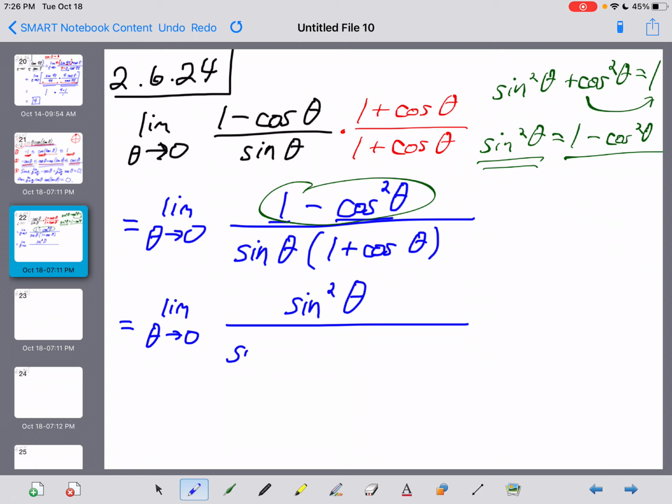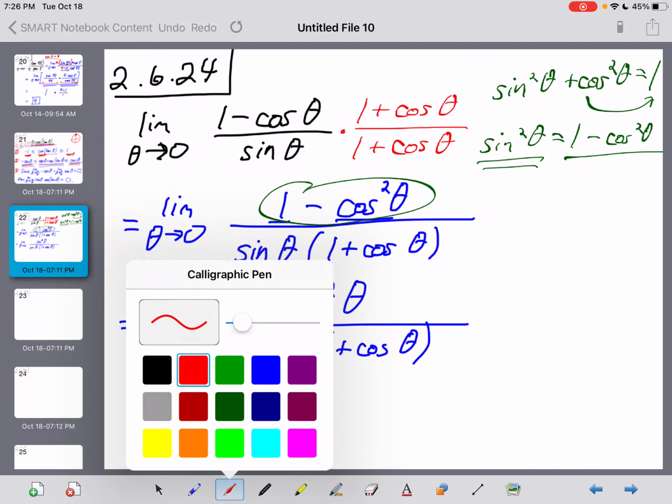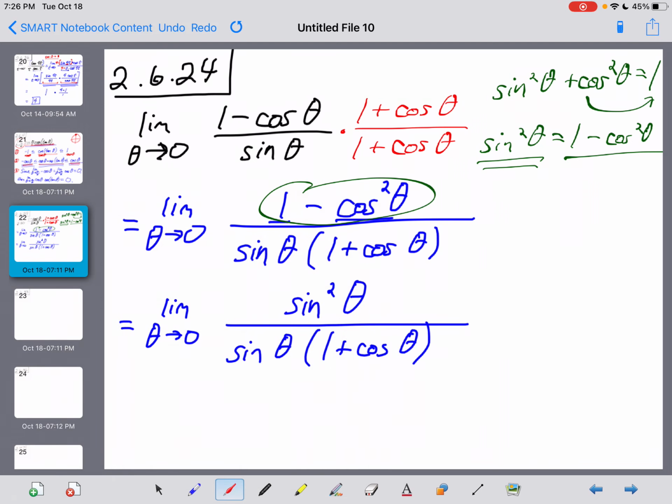And in the denominator, we keep it as sine of theta times 1 plus cosine of theta, but I'm hoping now we see what's actually happening here. Now, the sine of theta on the bottom cancels with one of the sine thetas on the top. So now we just end up with sine of theta in the numerator and 1 plus cosine of theta in the denominator.